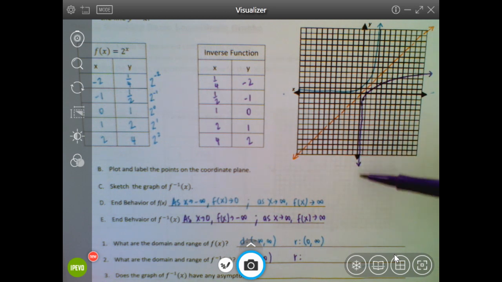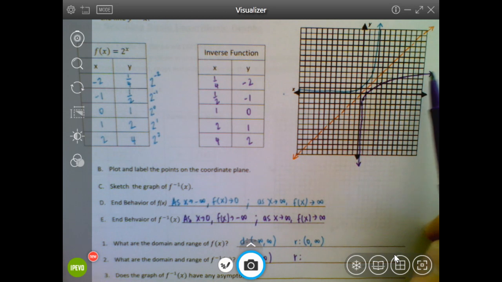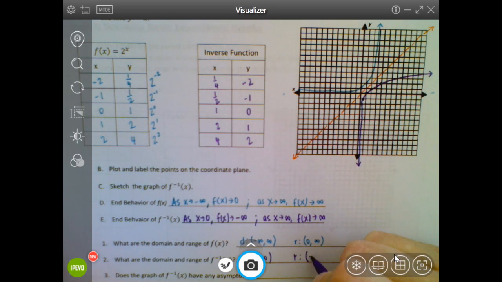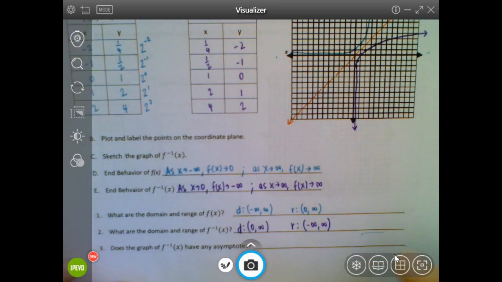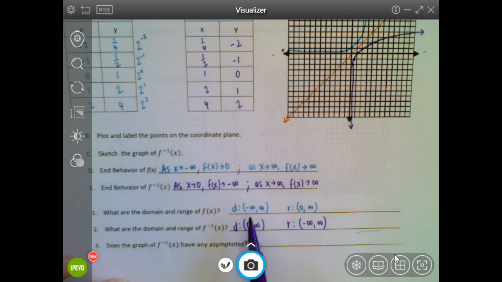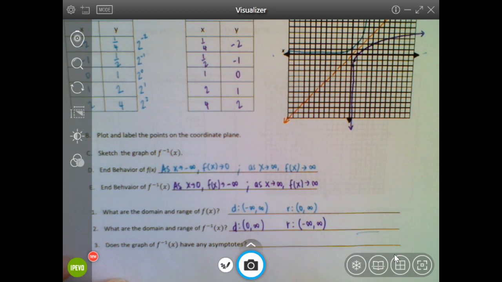Well, my y values are really, really big negatively over here, and my y values are going to continue to get big positively over here. So the range is actually -infinity to positive infinity. And you'll notice that the range of our exponential function is now the domain of our inverse function, and vice versa. The domain of our exponential function has now become the range of the inverse function.